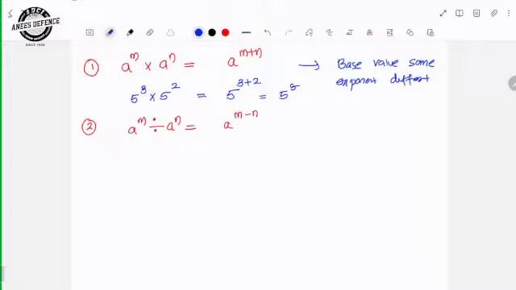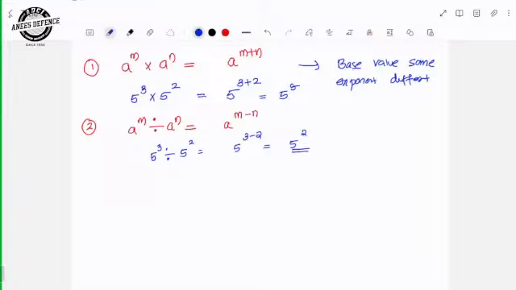In both cases the base value is the same and the exponent is different, but the only difference is that it is division, whereas in the first case it is multiplication. So 5 raised to 3 divided by 5 raised to 2 is 5 raised to 3 minus 2, equal to 5 raised to 2 will be the answer. So that is the division case.